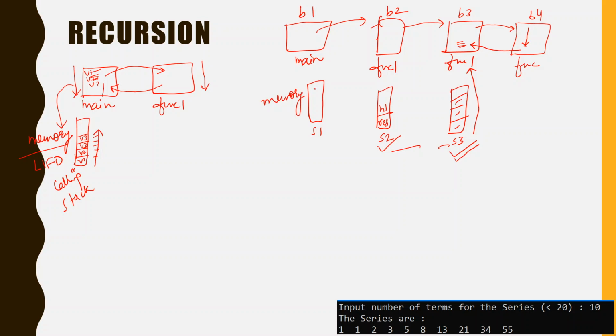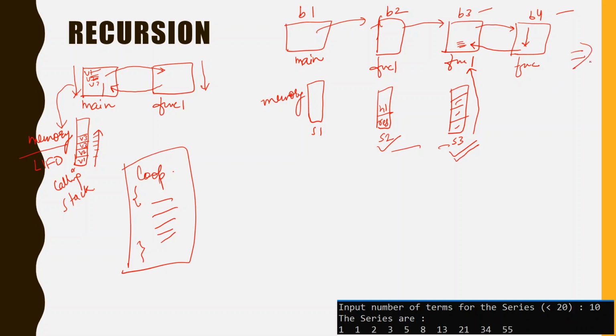Different blocks of memory are created in recursion, while in a loop only one block of memory is created with a single instance of the code. So there the memory is not wasted, and here you can see that different blocks of memory are created, so it wastes some memory.